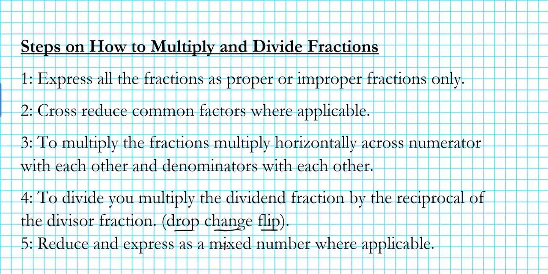When you're done, you then simply multiply, and final step, you reduce and express as a mixed number where applicable. So these are the steps that we're going to be using to multiply fractions and also divide.